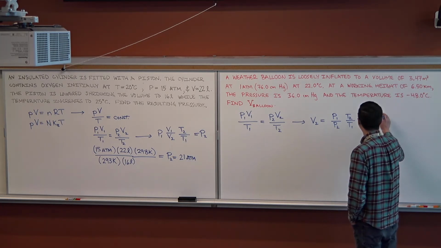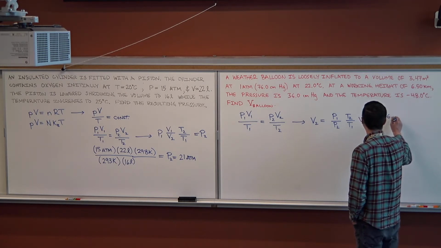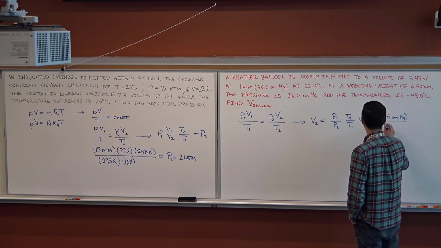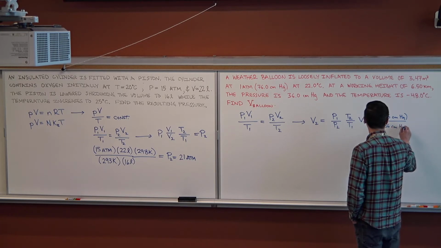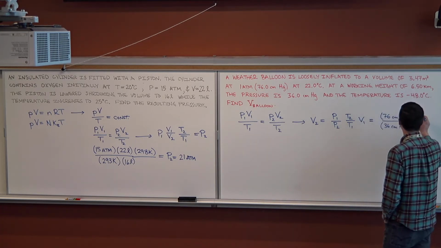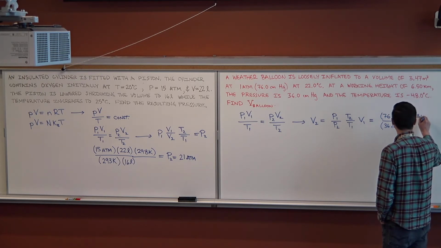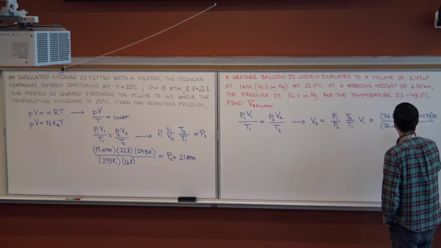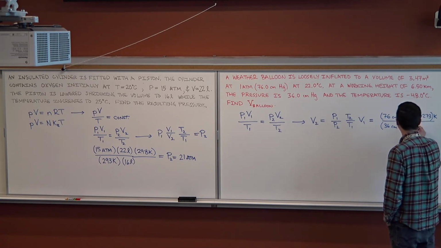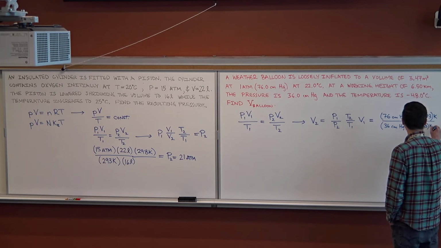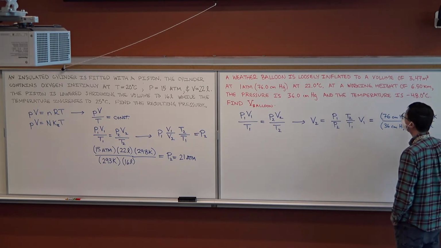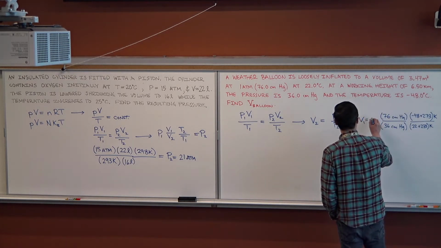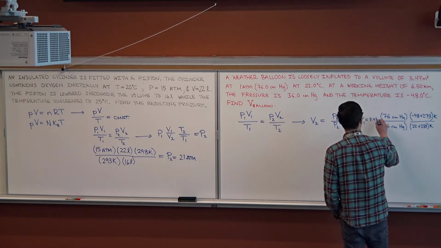P1 was 76 centimeters of mercury, P2 we said was 36, T2 is minus 48 plus 273 in Kelvin, over T1, which is 22 plus 273 in Kelvin, and then times V1, which was 3.47 cubic meters.